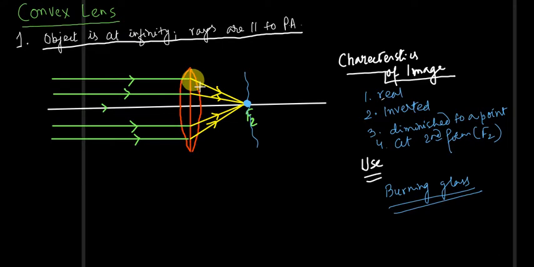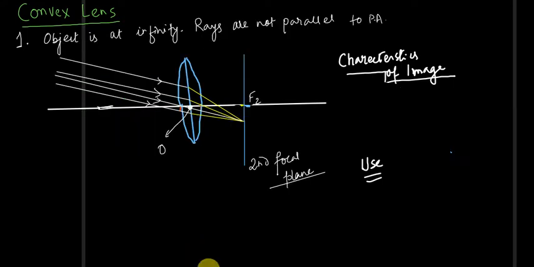This lens will converge and concentrate the heat of the sun rays towards this paper at focus. In that case the paper will get burnt by the heat, so that is why it is called burning glass. This case is used for burning glass.